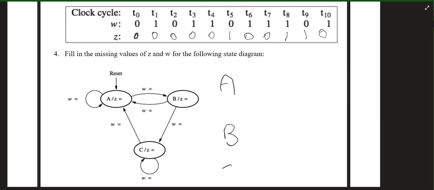So I want to think about what are my possibilities and in what sort of ways can I get towards my goal of having 2 1s. Well, if my last one was a 0, I'm not on my way towards getting 2 1s. So I'm going to say state A is previous input is 0.